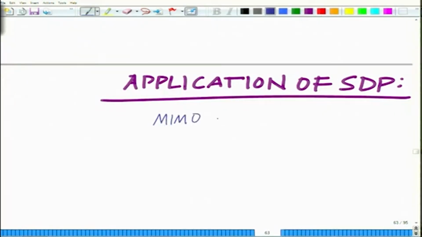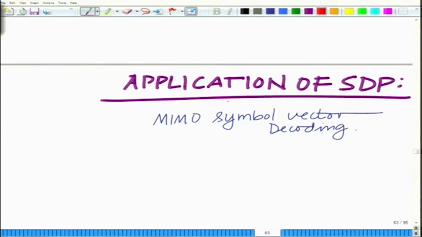and we want to perform MIMO symbol decoding.